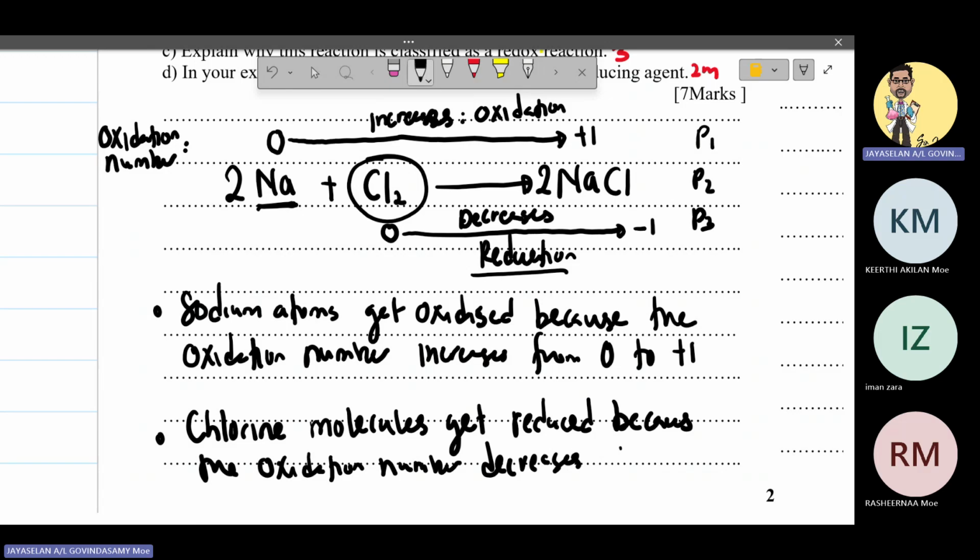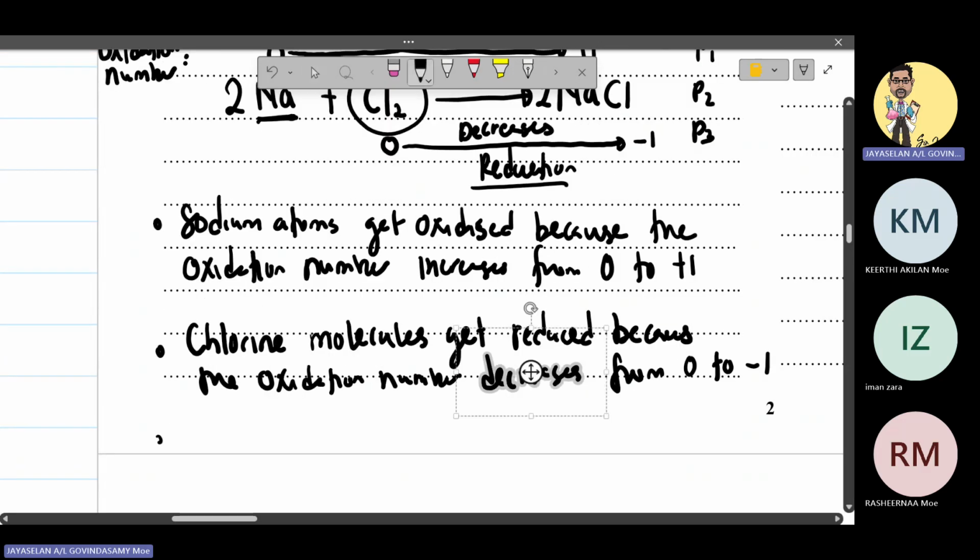Decreases from what number to what number? From 0 to -1. You already scored another mark. Any question? No question. Okay, next point, you must write down that this is a redox reaction.